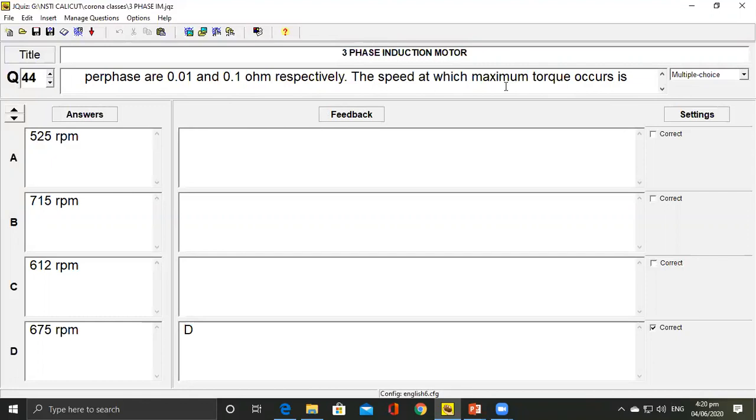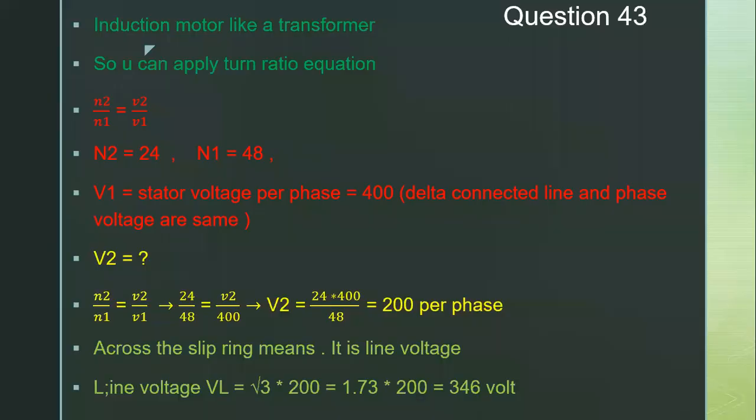The speed at which maximum torque occurs is... So the full load slip is 4% and it is an 8-pole 50 hertz motor. Rotor resistance and standstill reactance are given as 0.01 and 0.1. You have to find the speed at which the maximum torque occurs.